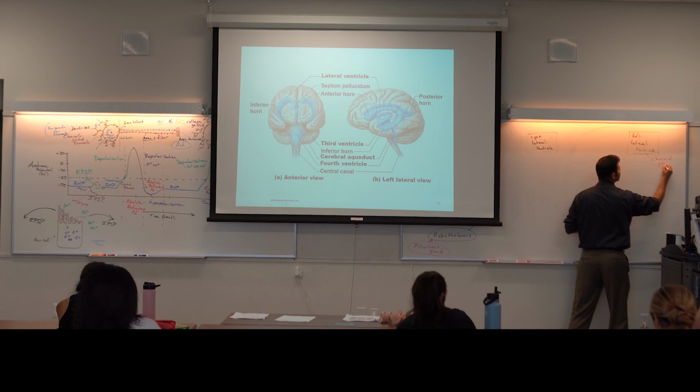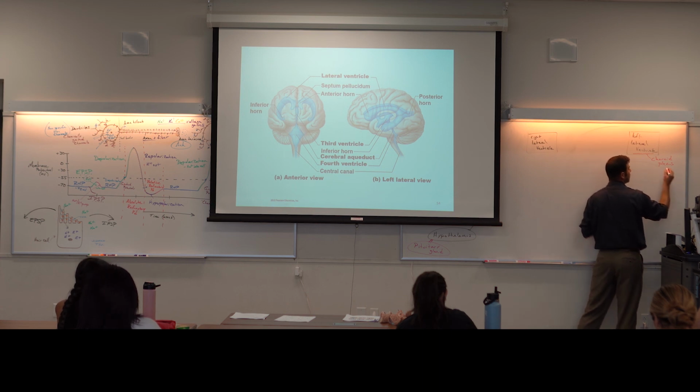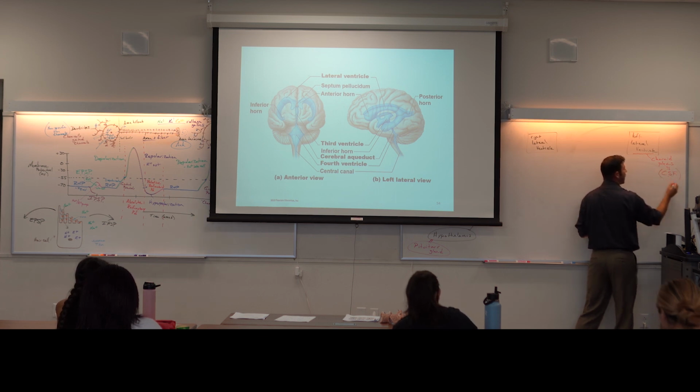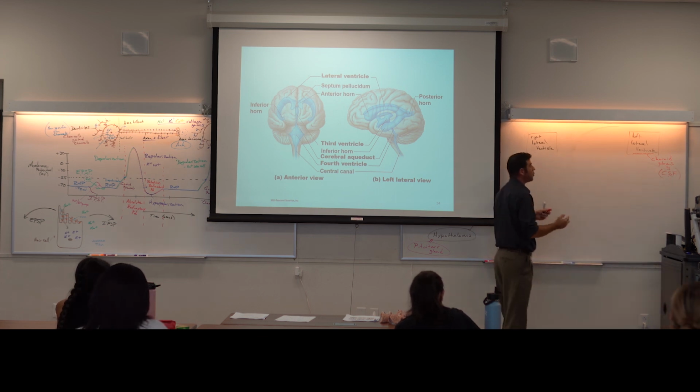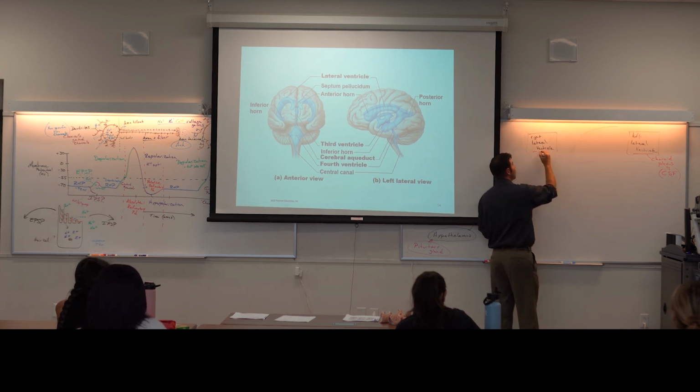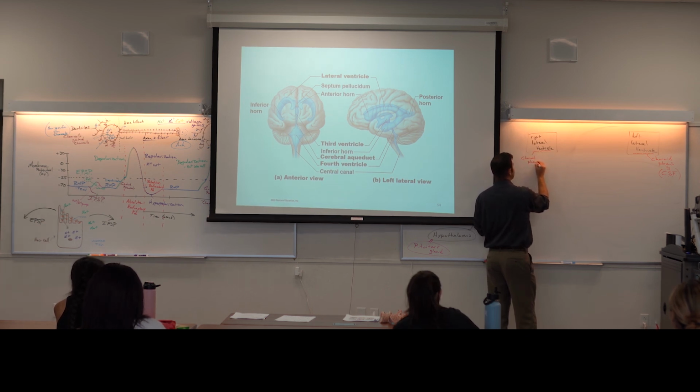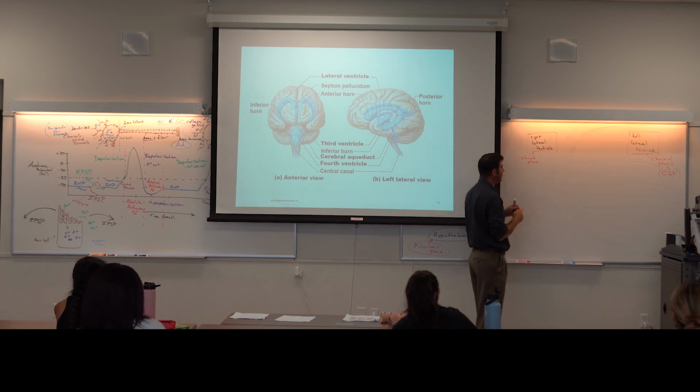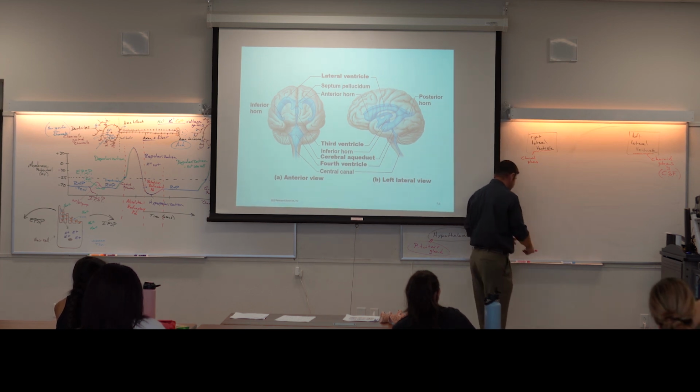This choroid plexus actually produces cerebral spinal fluid. So cerebral spinal fluid actually leaks out from these choroid plexuses. You would find a choroid plexus in each ventricle. So ventricles have these choroid plexuses that actually produce that cerebral spinal fluid.